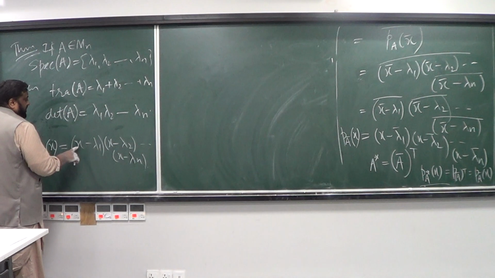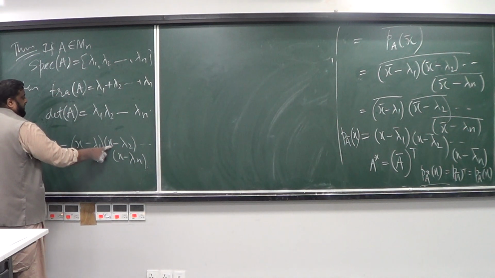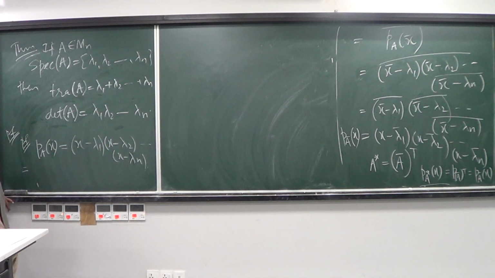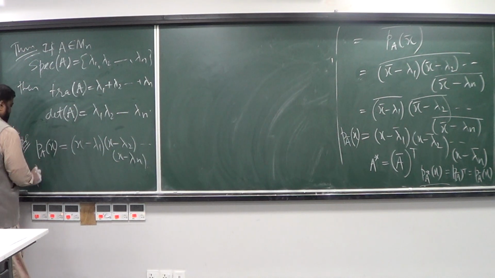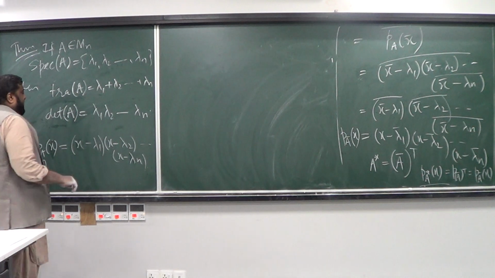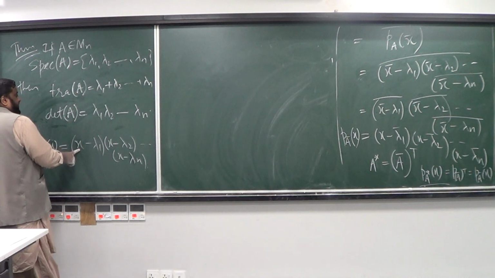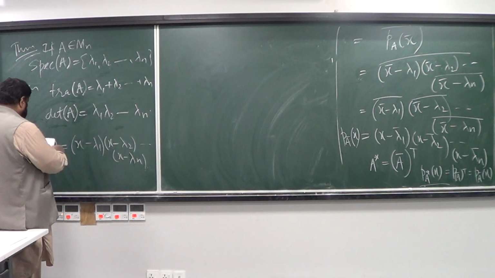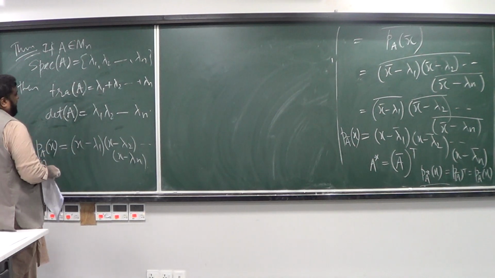So the first term: take this x and multiply with the first x, in other words, multiply the first terms of each bracket. So what you're going to get is x power n. Then, what is going to be the coefficient of x power n minus 1?